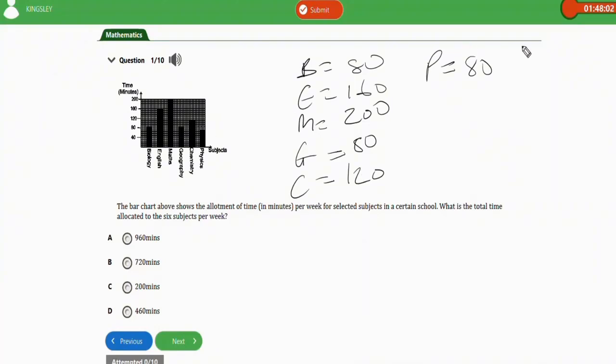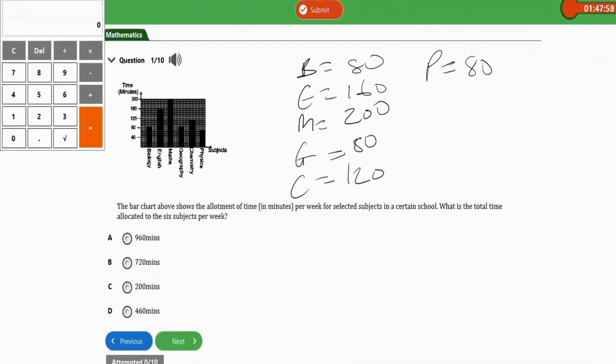Now let's get a calculator and put this together to see the total minutes. We have 80 plus 160, plus 200, plus 80, plus 120, plus 80 again.